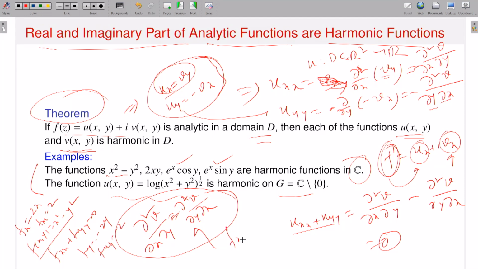Therefore f_xx plus f_yy is 2 minus 2, which is equal to 0. So the second order partial derivatives of f of xy exist and satisfy the Laplace equation, therefore it is a harmonic function.